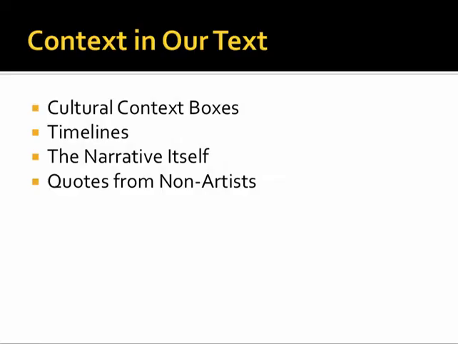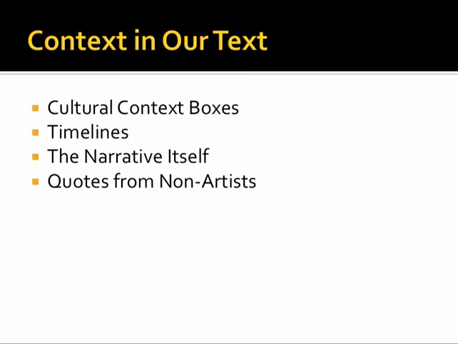You will notice that in her text, she has four basic strategies for providing contexts for the art that she discusses. One is she uses cultural context boxes where she defines terms. A second is her use of an extensive timeline in the back of the text, which is going to prove very valuable to us.